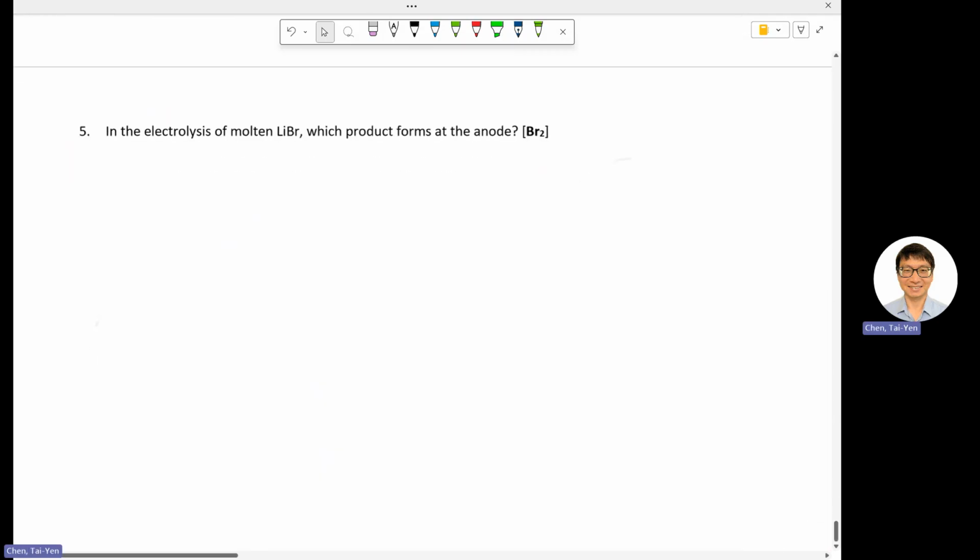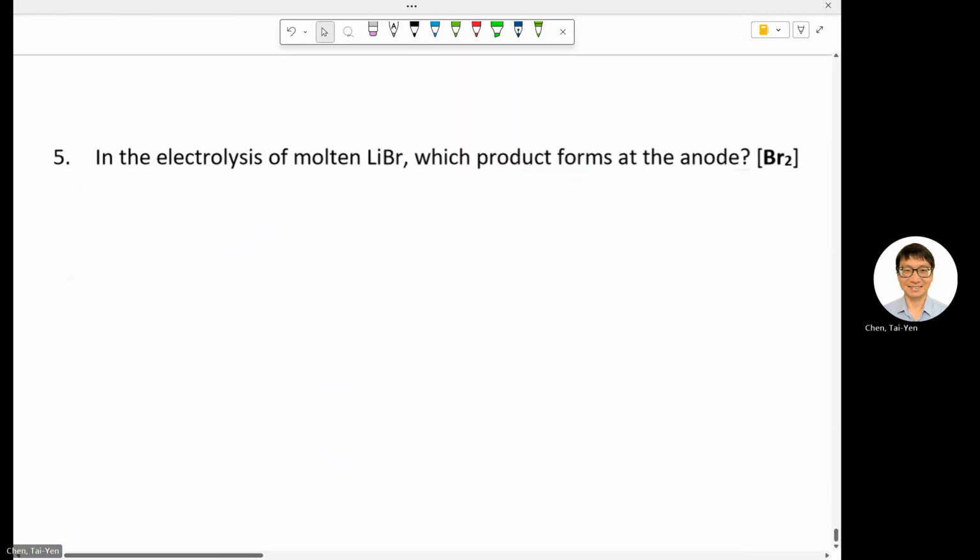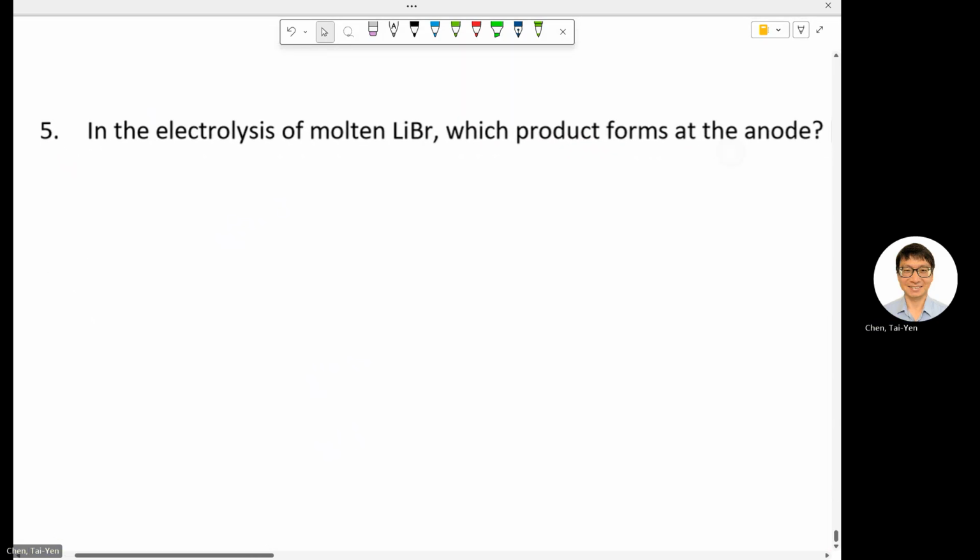Okay, so let's look at this. It says, in the electrolysis of molten lithium bromide, which product will form at the anode? Okay, what are the keywords? Yes, electrolysis.